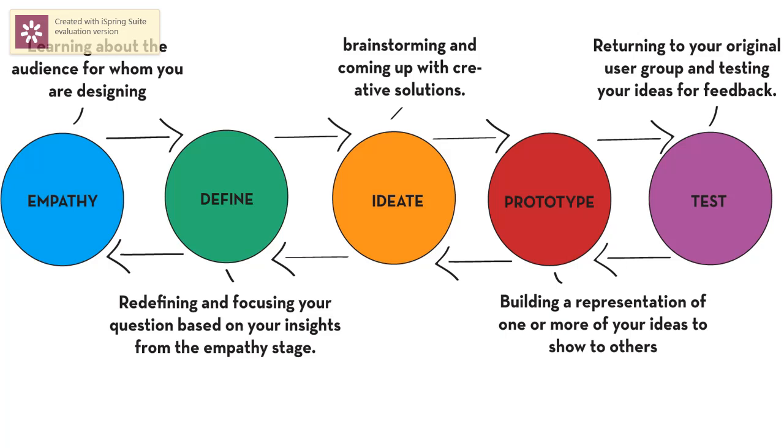Okay, now let's make a quick summary of what you have learned from this lesson. So as you may notice from the screen, there are 5 stages: empathy, define, ideate, prototype, and test.